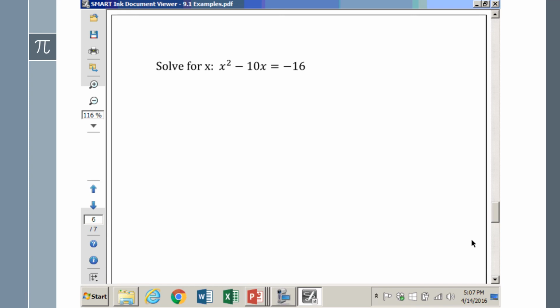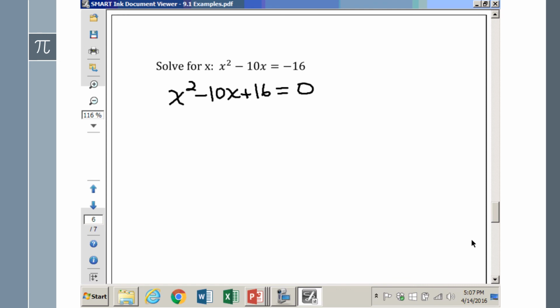Okay, our next problem is another quadratic. So what we're going to do now is get all of our terms on the left side of the equal sign so that our quadratic is equal to 0, and then we can factor it. So we're going to add 16 to each side and end up with x squared minus 10x plus 16 is equal to 0.